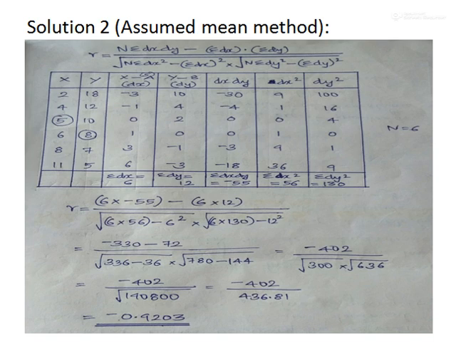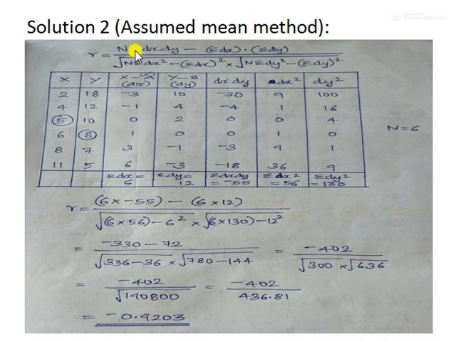Then we may find the value of R using the assumed mean method. Under the assumed mean method, the formula for computing R is n sigma dx dy minus sigma dx into sigma dy, divided by square root of n sigma dx square minus sigma dx whole square, into square root of n sigma dy square minus sigma dy whole square.